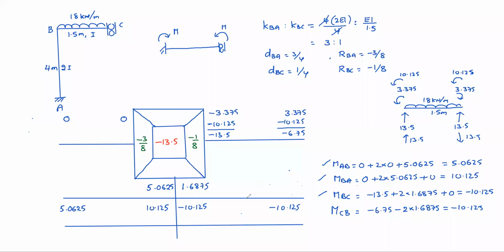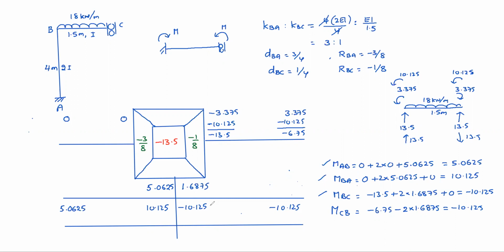So now treat this as a special case, the guided roller. For a guided roller, the final moment is the fixed moment minus 2 times the far end rotation moment. So minus 6.75 minus 2 times 1.6875 minus 10.125.